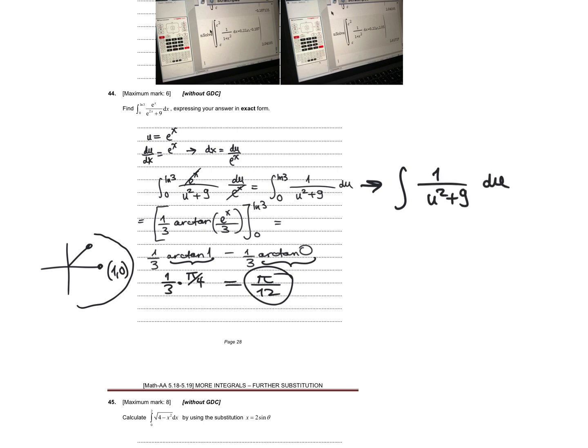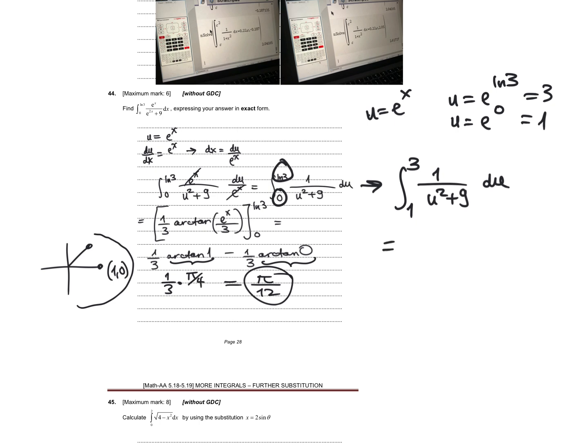So we want to know when u, so u is e to the x. So if x is natural log 3, this upper limit, u is going to be e to the natural log 3, which is 3. So this would go here. And if the lower is 0, we'd have e to the 0, which is 1. So that would go here.